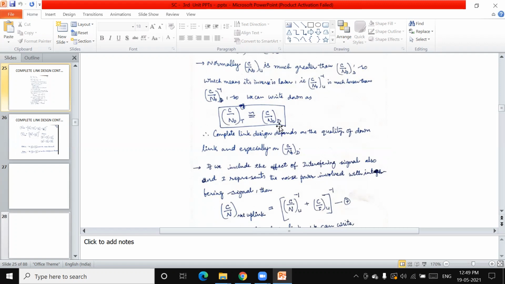So now, to sum up this class, you have to give that the complete link design consists of the uplink, the downlink and the satellite transponder. Number 2, you consider the Friis transmission equation, and from that you write the carrier power.